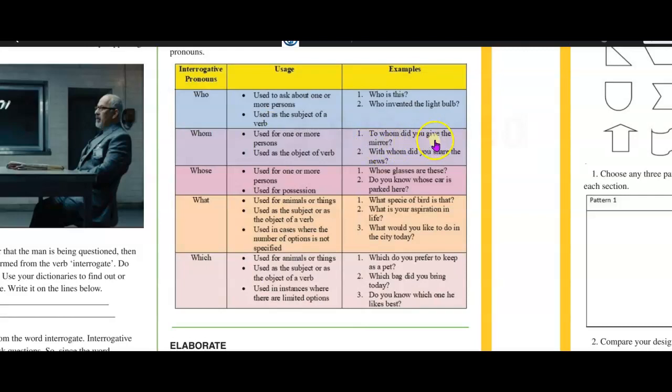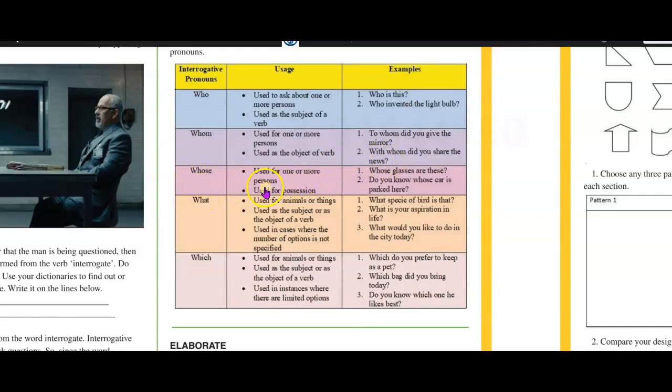To whom did you give the mirror? So the person is receiving the mirror and you are giving the mirror. With whom did you share the news? You are sharing the news with some other person, and that person is receiving the news.